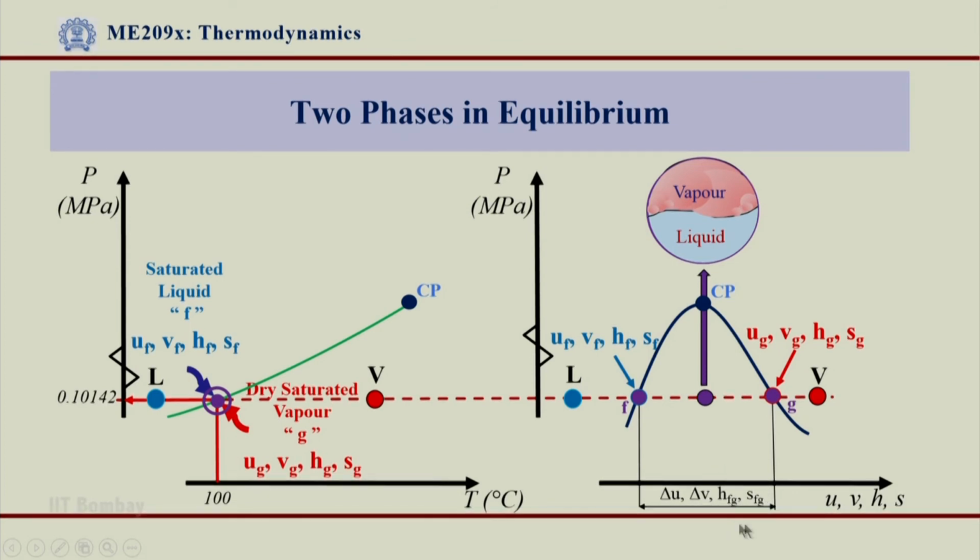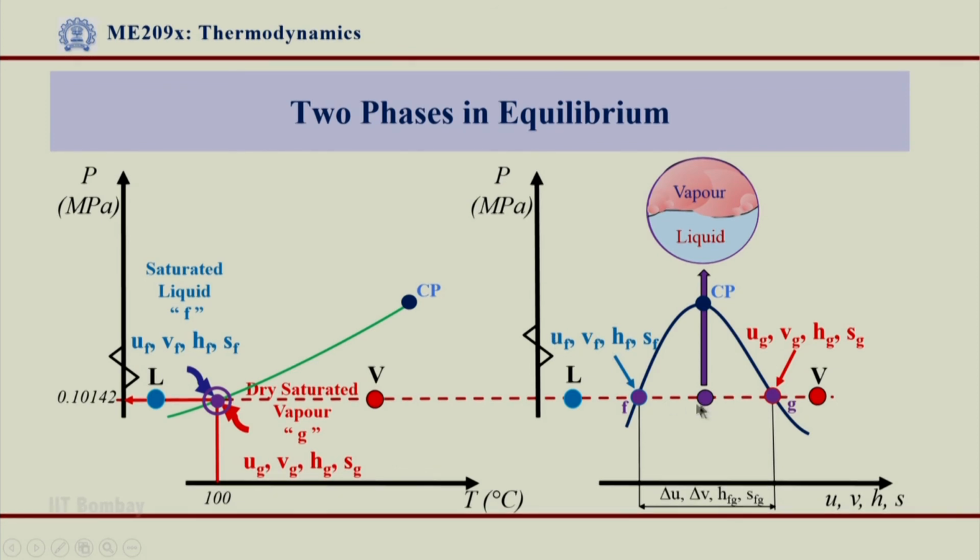Because we deal with those values directly, they are given in the steam table, but they are the difference between HG and HF, which can also be read directly from the steam table. While delta U, sometimes referred to as UFG, and delta V, sometimes referred to as VFG, can be calculated because we know the values of UG and VG, and also the values of UF and VF.